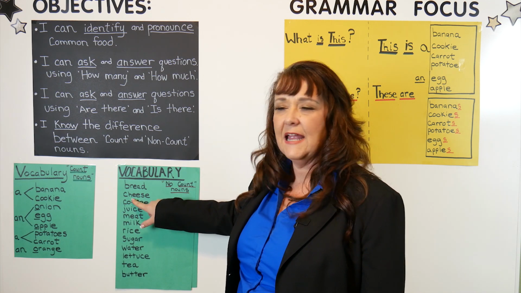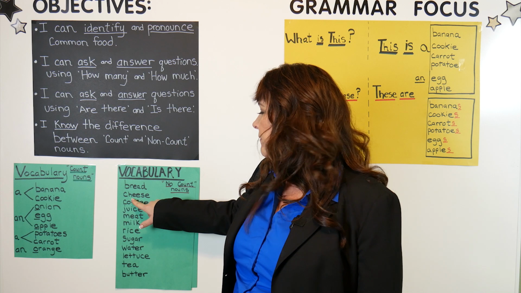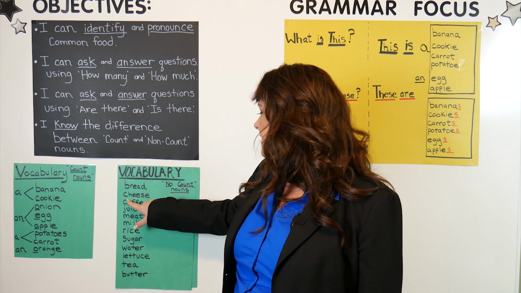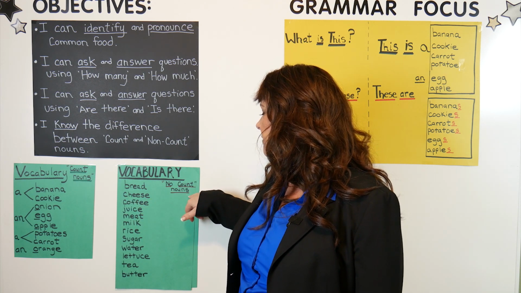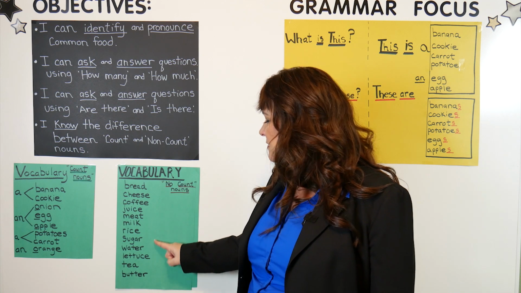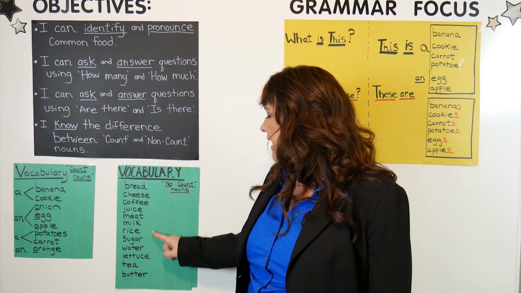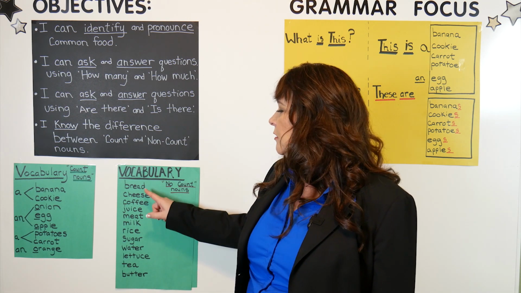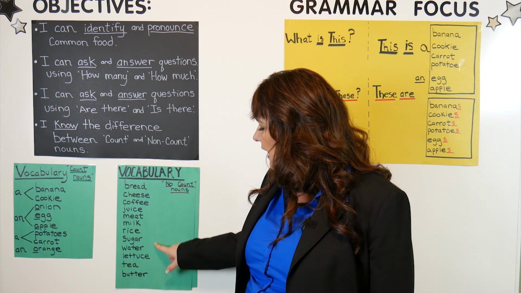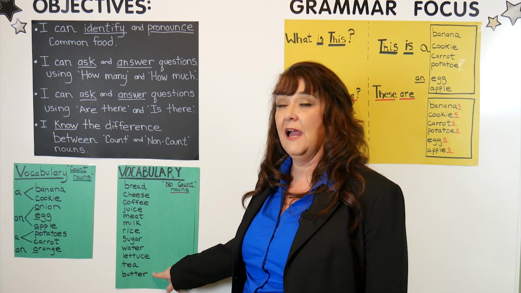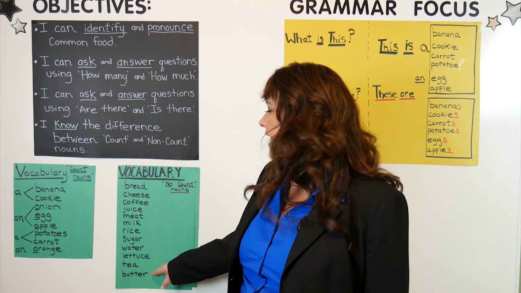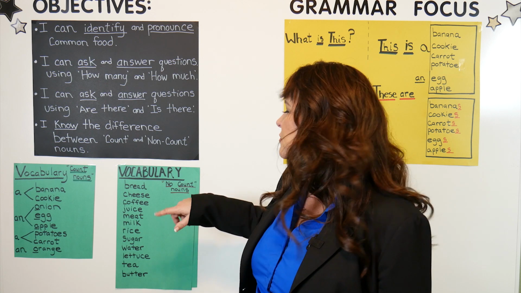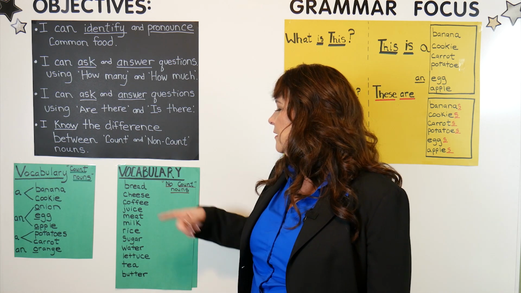We can't say 2 cheeses because cheese is a no-count noun. Let's practice pronouncing some of these non-count nouns. In another lesson, you will learn how to make these non-count nouns into count nouns by using their containers. But first, let's just practice pronouncing these words.